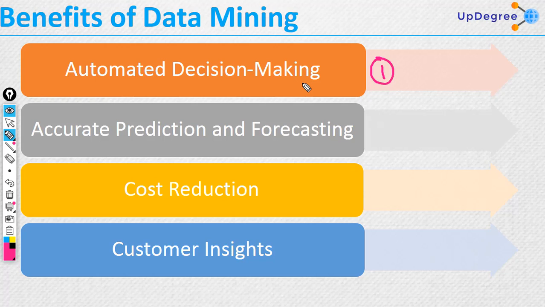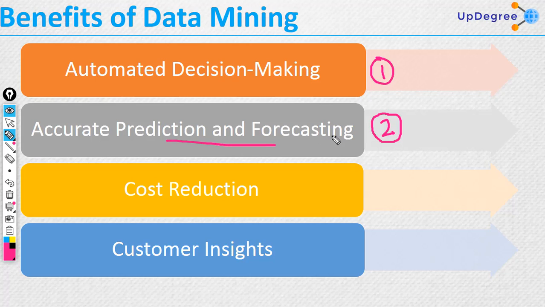Deployed within a firm's operational algorithms, these models can collect, analyze, and act on data independently, so that they streamline decision making and enhance the daily processes of an organization, and that is known as automated decision making.